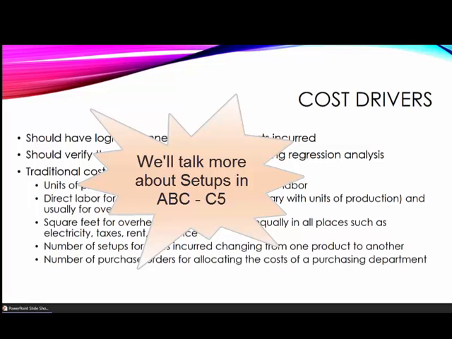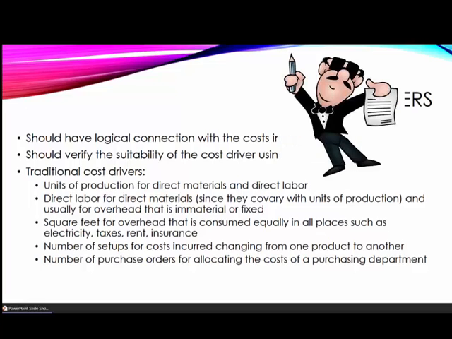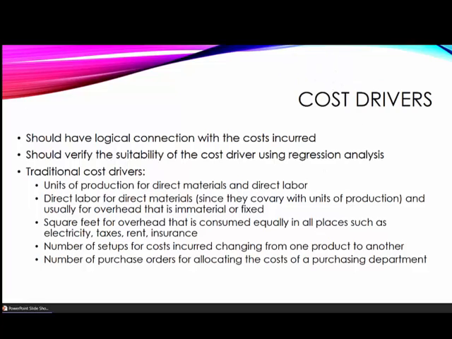If we're talking about a purchasing department, it might be the number of purchase orders. It doesn't matter whether we're ordering $100,000 worth of stuff or $50 worth of stuff. It takes just as long to pick up the phone, place the order, type up the purchase order, and put it in the mail. So number of purchase orders would be a good way to do that.